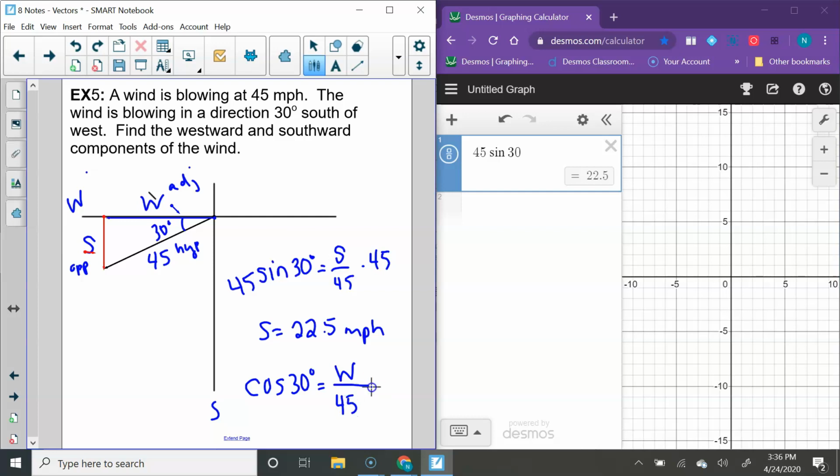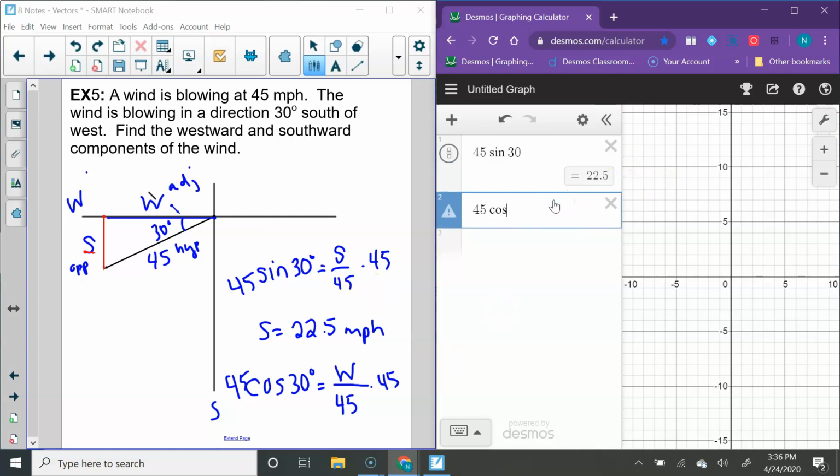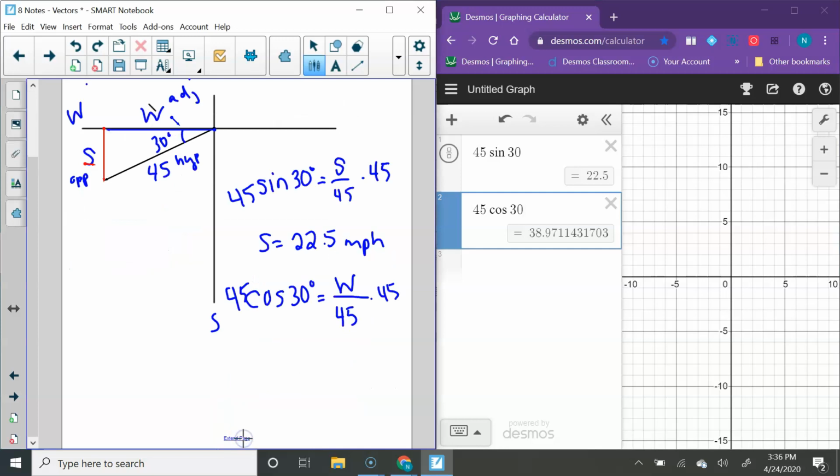And so we would multiply both sides by 45. And whenever we do that, we're going to have 45 cosine of 30. And that's going to give us 38.971 miles per hour for our westward component.